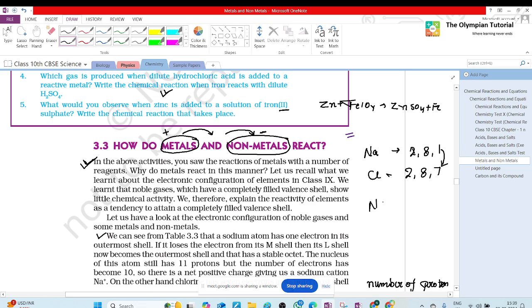Sodium will give an electron to chlorine. Na plus, Cl minus. And we know positive and negative charges attract each other. So NaCl will make an ionic compound.